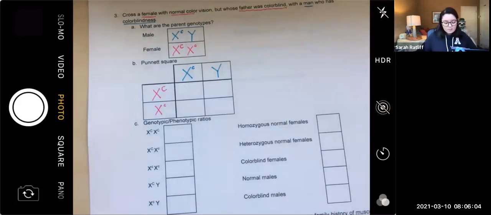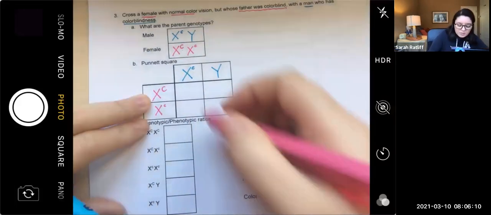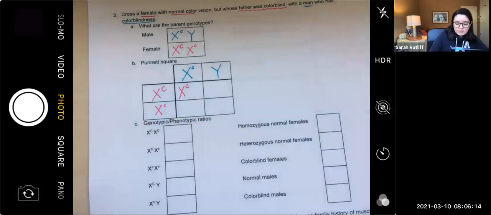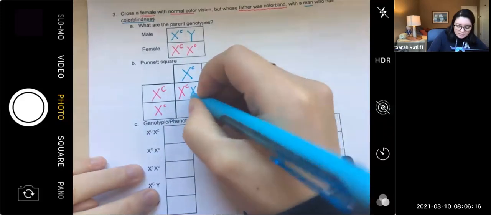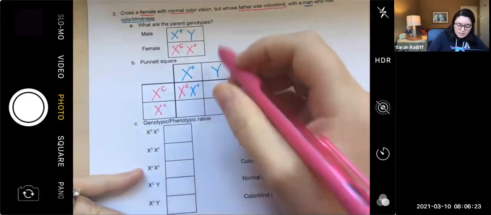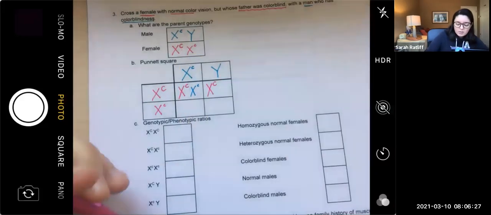All right, now we get to fill out the inside where our offspring go. This first box, we're going to get a big C from mom and an X with a little c from dad. Next box, we're going to get a big C from mom and a Y from dad.